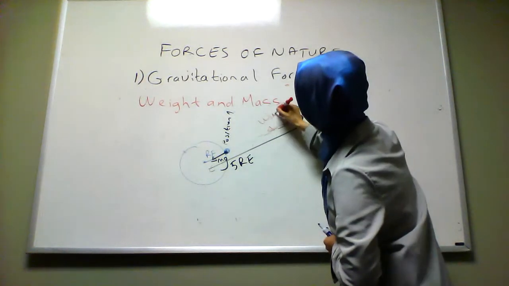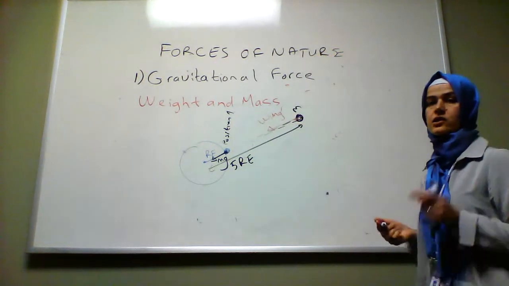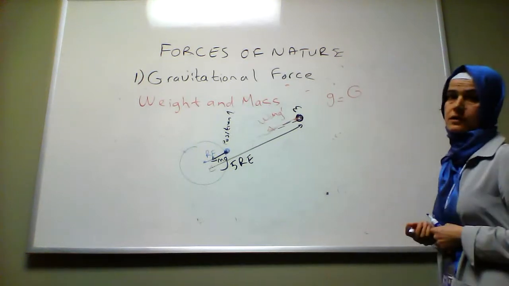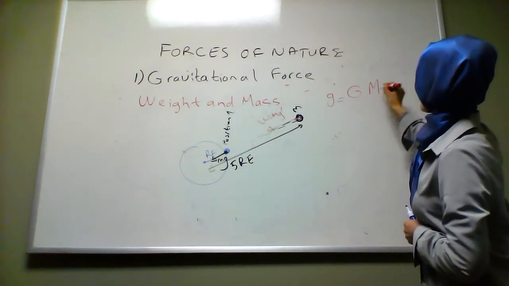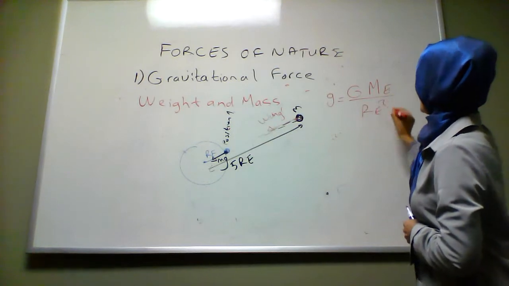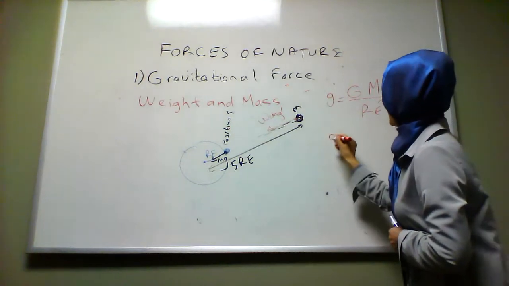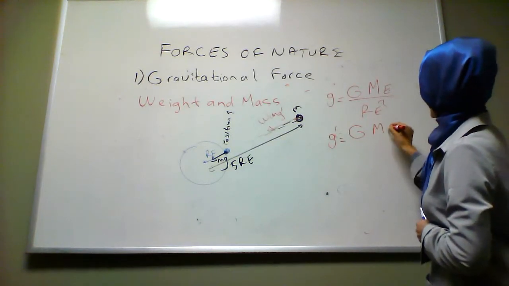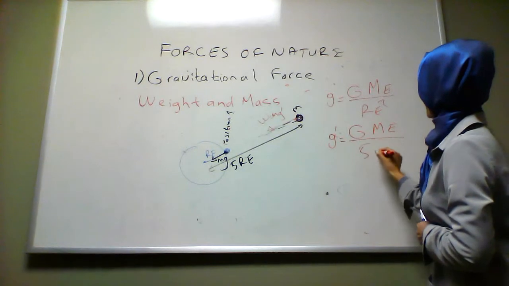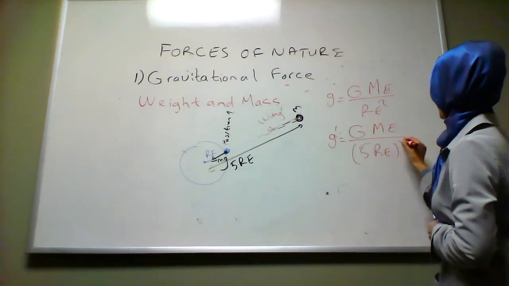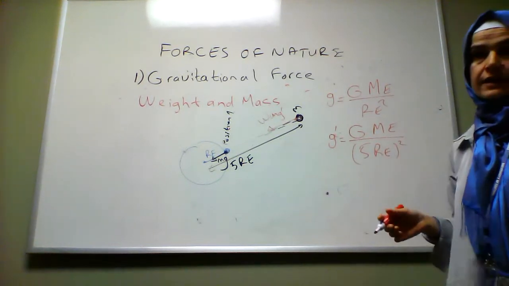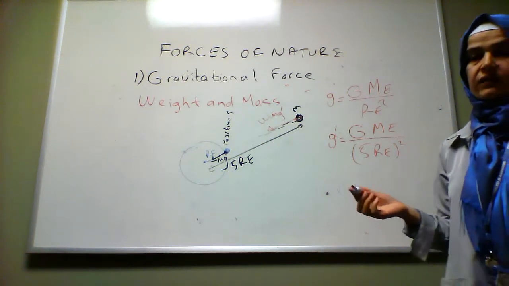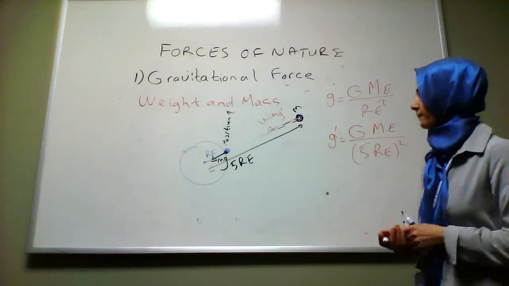Weight will be mg prime, let's say, and g prime will be changing. g is equal to the universal gravitational constant times M Earth divided by R Earth squared, but g prime will be the universal gravitational constant times M Earth divided by 5 R Earth squared, which is significantly decreased, maybe even 0, which is why astronauts in space do not feel gravitational force and they are floating in the air.